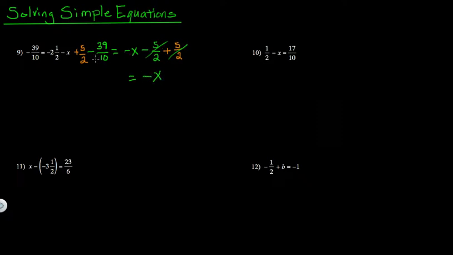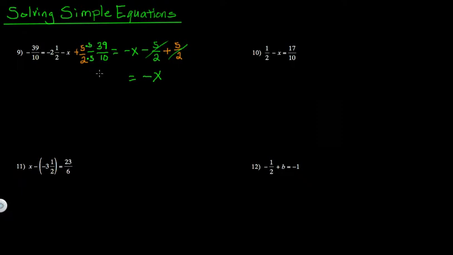And on the left side, we're going to need to add these together by finding a common denominator. So we already have a 10 here. We can see that our least common multiple is going to be 10. And we know that we need to multiply our denominator of 2 by 5 to make it into a 10, and so therefore we also need to multiply that numerator by 5 as well.